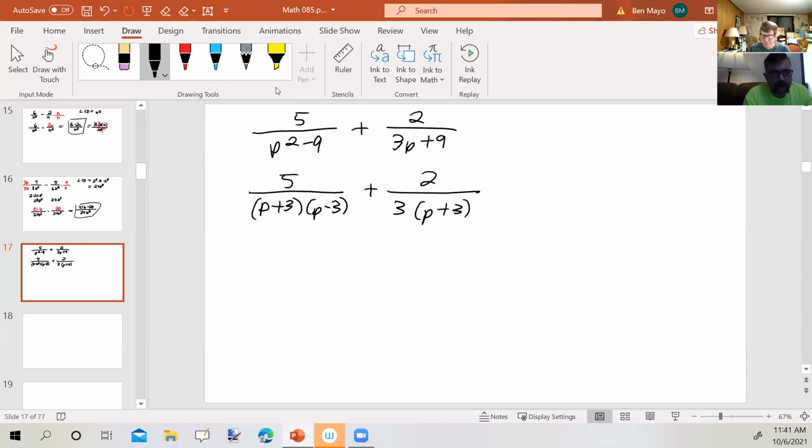Okay? So my least common denominator would be 3 times p plus 3 times p minus 3. Now, unlike in the last problem, this one, I'm going to leave my LCD all factored out. And I'll explain why in a minute.